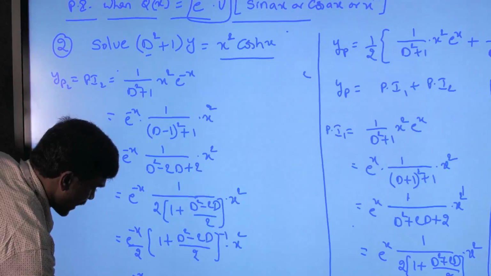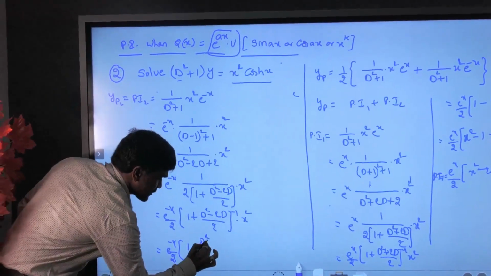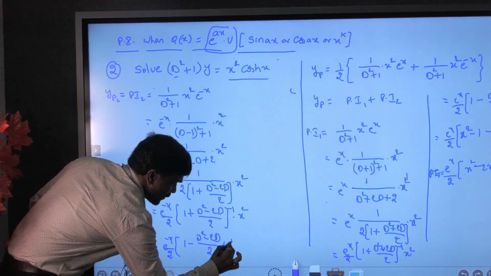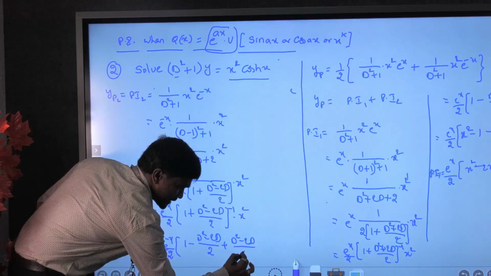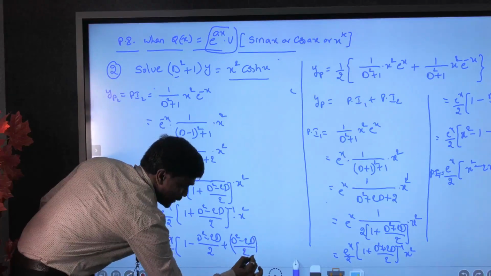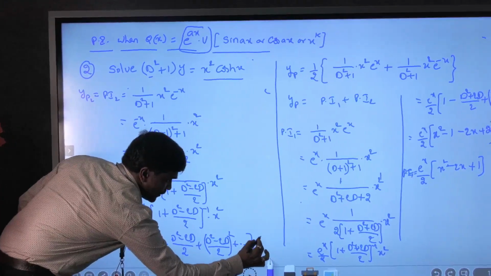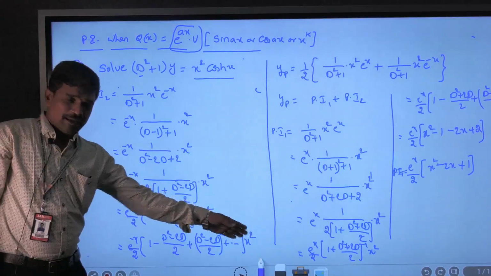Same, 1 minus D, 1 minus, what is D here? (D² - 2D) by 2 plus D². D² means in place of D we have ((D² - 2D) by 2) whole square plus and so on, into x². Now after expansion, multiply x².